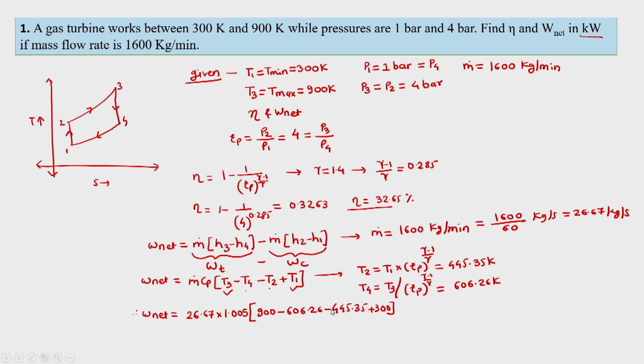After multiplication we get W net equal to 39.77 into 10 to the power 3 kilowatt. So this is the other answer of the example. This is how we execute the known expressions to solve an example.